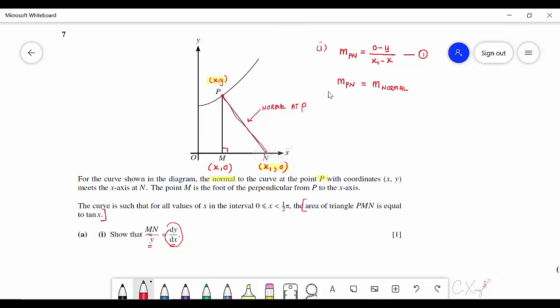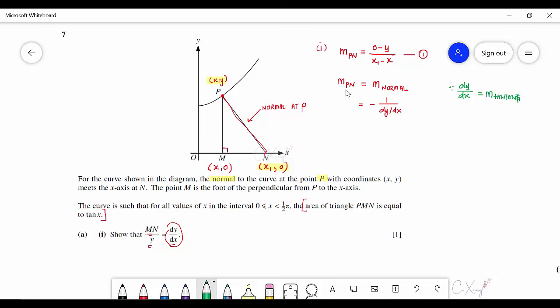So I want to link the gradient of PN also with dy over dx. So how do we get the gradient of the normal? The gradient of the normal is negative 1 over dy over dx. How do I know this? It is because dy over dx is actually the gradient of the tangent, right?